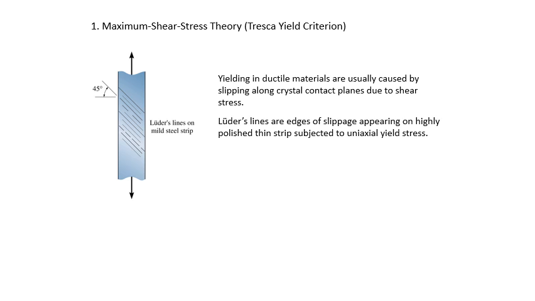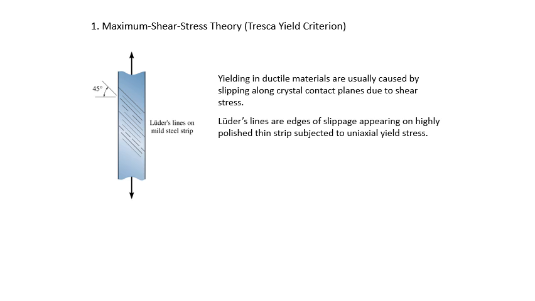When you have uniaxial loading, the shear is maximum at 45 degrees to the loading direction. Therefore, we'll find lines of slipping of the crystals at 45 degrees.